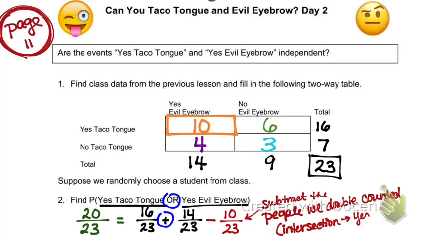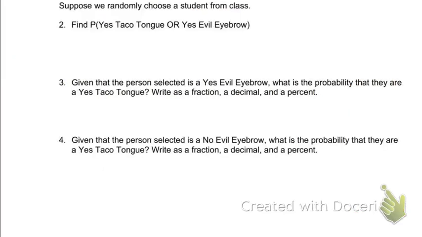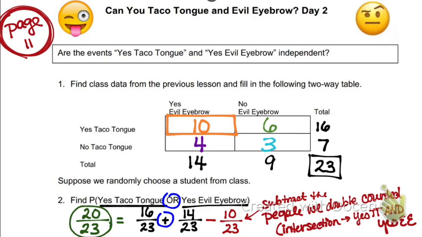This would be yes to taco tongue and yes to evil eyebrow. So far, so good? All right. So 20 out of 23 for both. Let me actually pull that one over here.